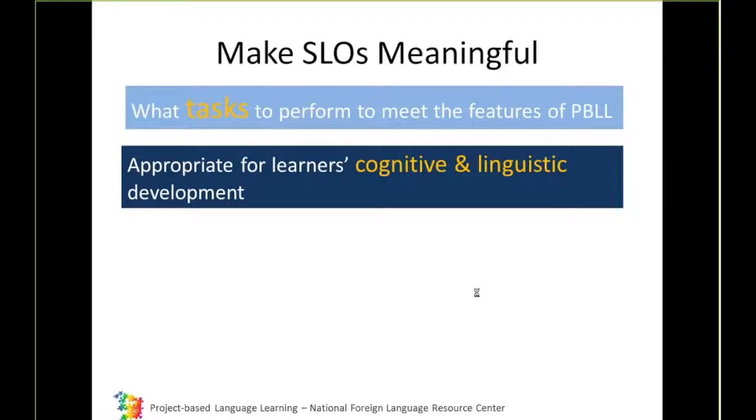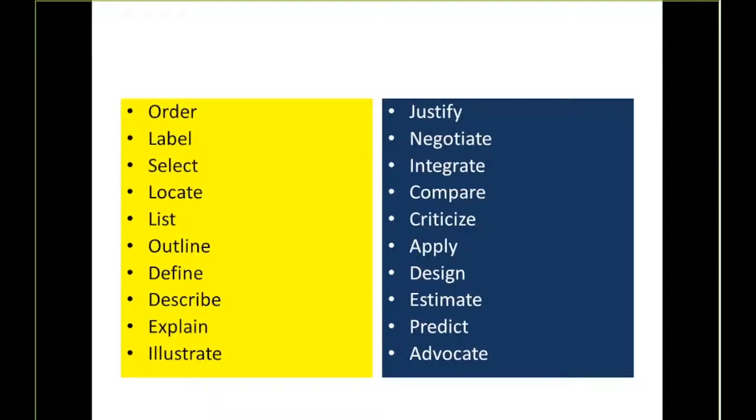The next factor to think about how to make your SLO meaningful is to think about how to make your SLOs appropriate for learners' cognitive and linguistic development. So let's look at this tool list. Give you 1 minute. And you can tell me which side is more simple, which side requires more deeper cognitive ability.